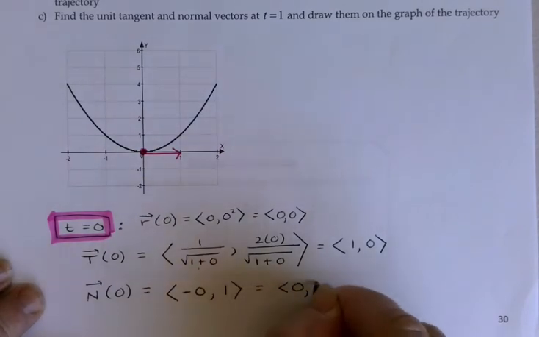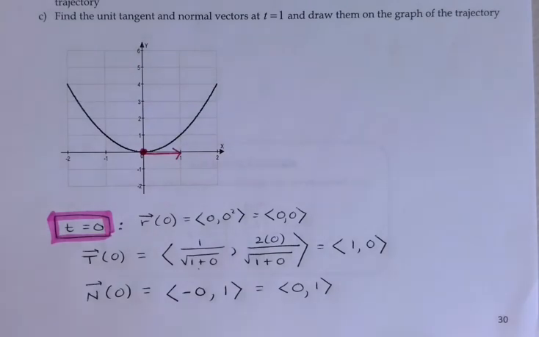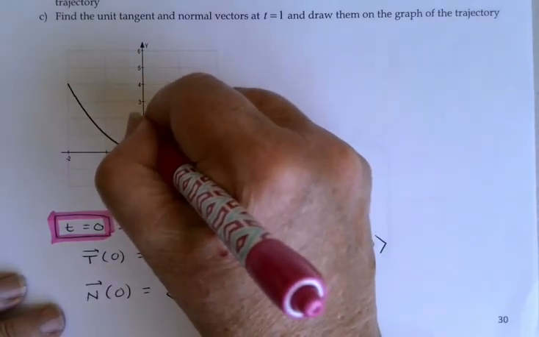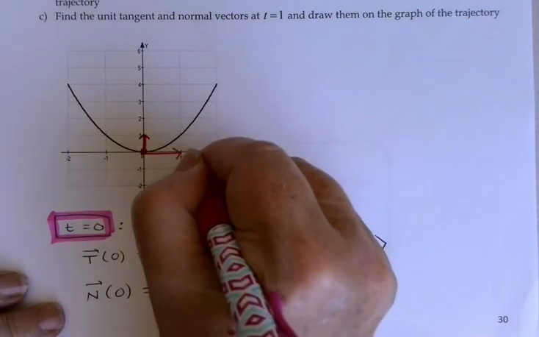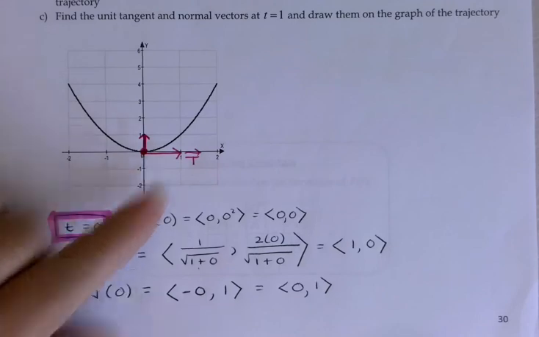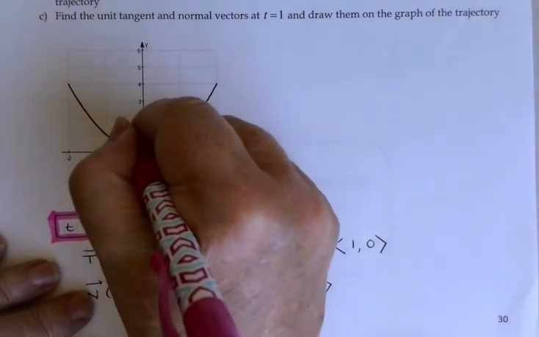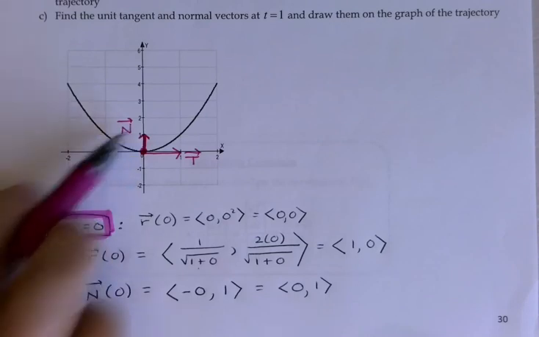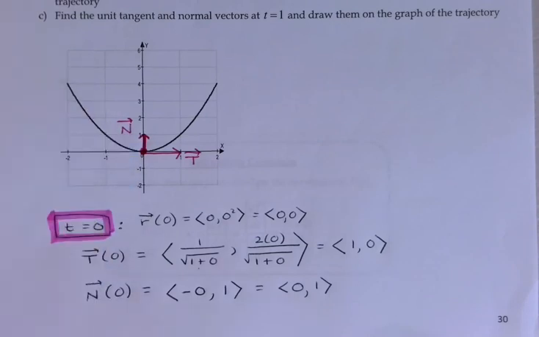So we get 0, 1. Also not surprising, right? Our unit normal has to have length 1, and it has to be perpendicular to the unit tangent. So that's exactly what we would have expected to have gotten. Notice it does point inward into the interior of the curve.